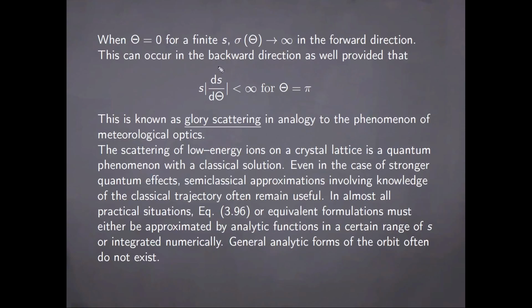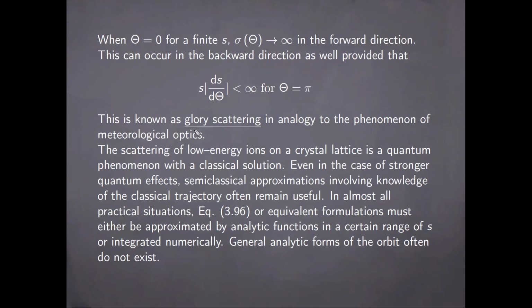To list a few more important facts regarding classical scattering theory, first of all, we note that when the scattering angle goes to zero for a finite value of the impact parameter, the differential cross-section becomes infinite in the forward direction. This can also occur in the backward direction, provided that this quantity remains finite when the scattering angle goes to pi.